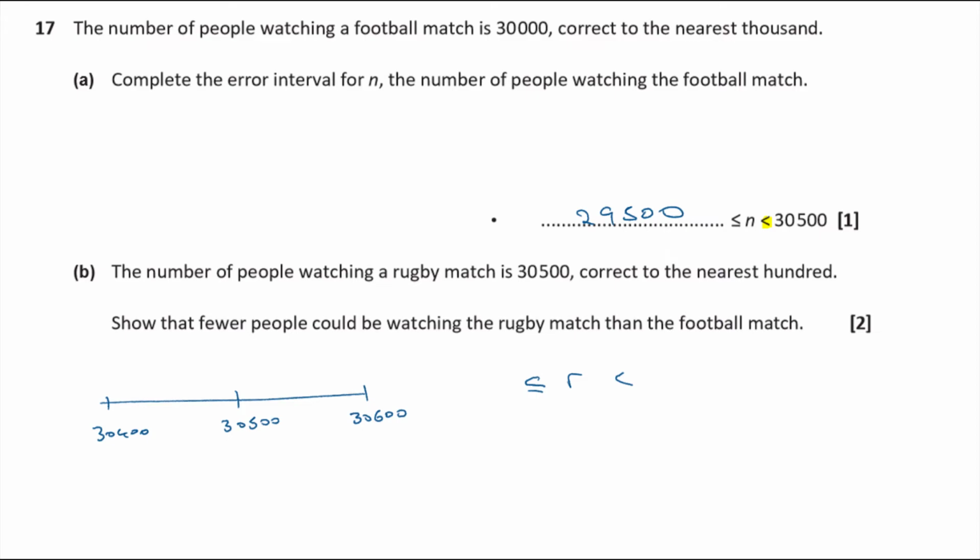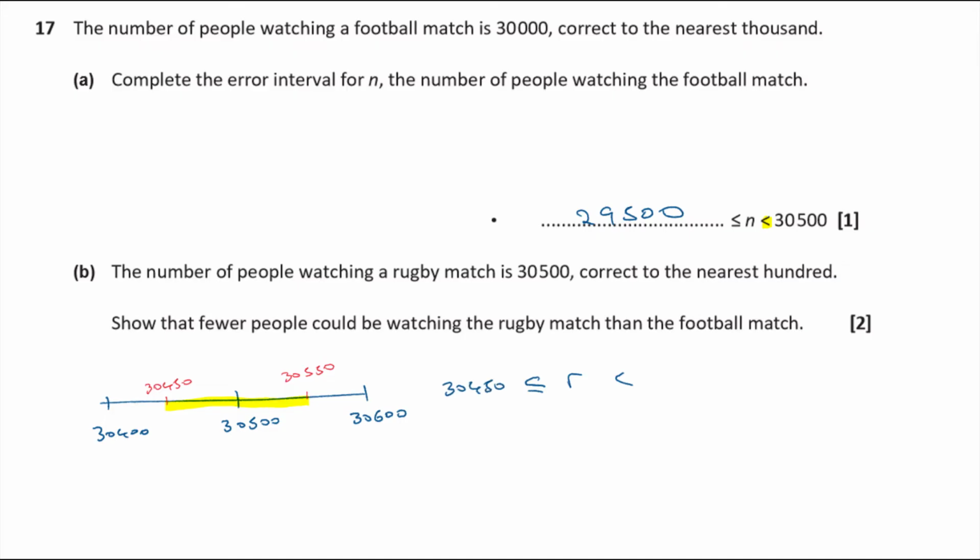So the ones that round to 30,500 are going to be the ones that are halfway between those or closer. So halfway between 30,400 and 30,500 is going to be 30,450, and halfway between 30,500 and 30,600 is going to be 30,550.